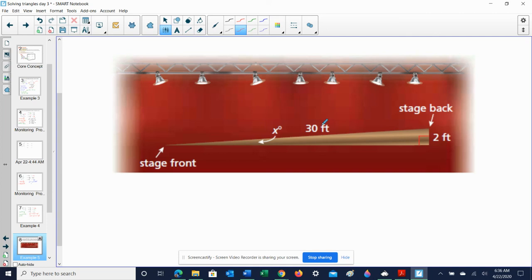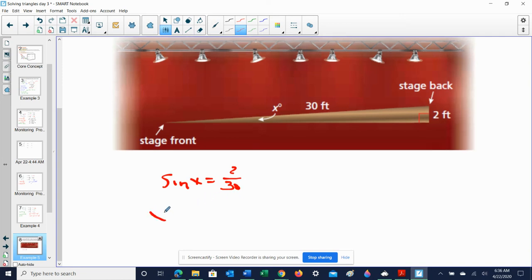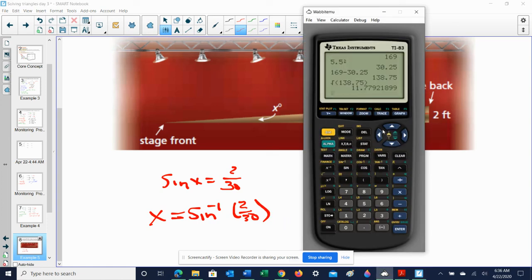Ooh, that silence was me waiting for you to say out loud in your house. Sine. So the sine of x is equal to 2 over 30. Now you don't have to reduce this because what does x equal? X equals inverse sine of 2 divided by 30. Go to the calculator.